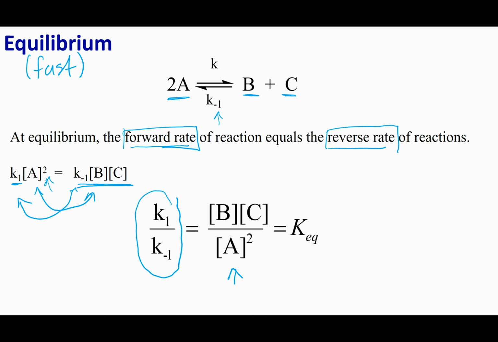This is products over reactants raised to the stoichiometric coefficients, in other words, this is big K, the equilibrium constant. Sometimes you saw this as Kc. So what kinetics tells us is our equilibrium constant Kc can be written as the forward rate constant divided by the reverse rate constant. With that said, we can look at some more mechanisms.